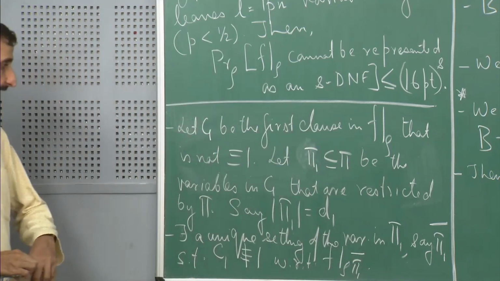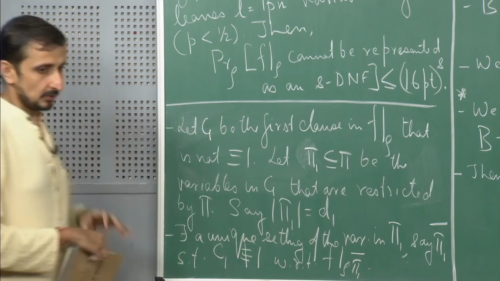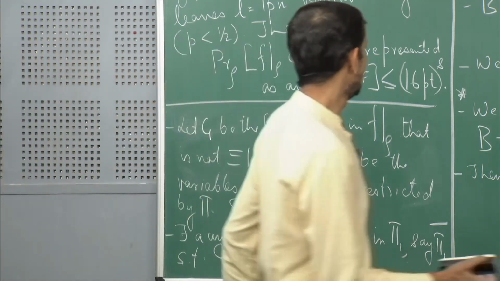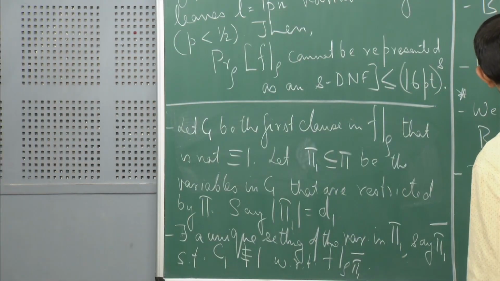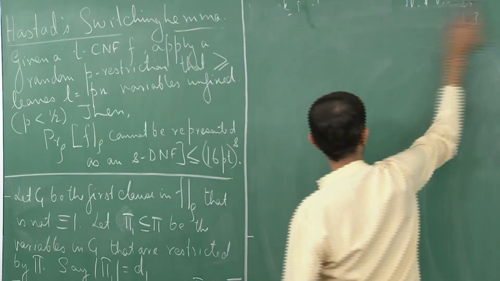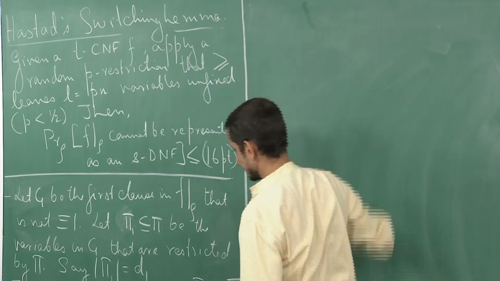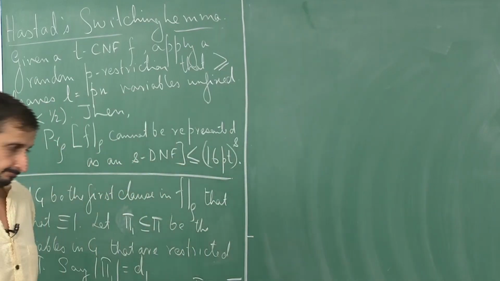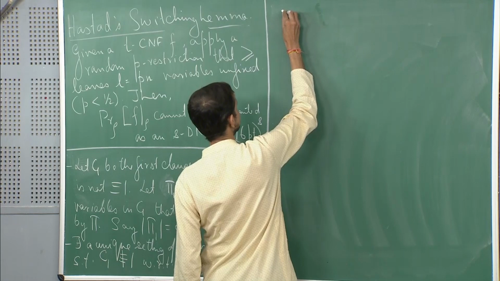Okay. So, let us try to understand what we are saying here. Maybe it might be better to keep a picture. This is the most crucial part of the proof, so let us try to understand this. We have these clauses.